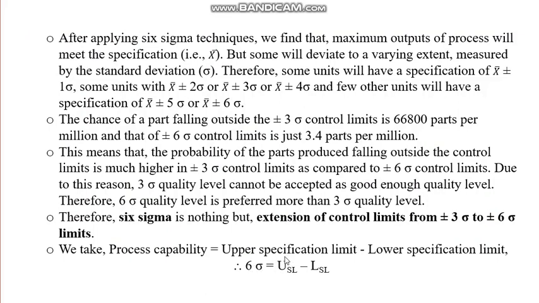If the upper specification limit is 50.02 mm and the lower specification limit is 49.98 mm, what is the process capability? 0.04 mm. That is the maximum variation in the process. If you are able to produce all your products within these two specification limits, that defines your process capability. Our 6 sigma should be kept there.